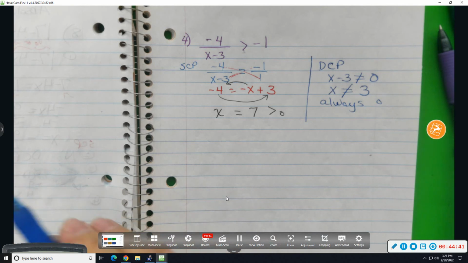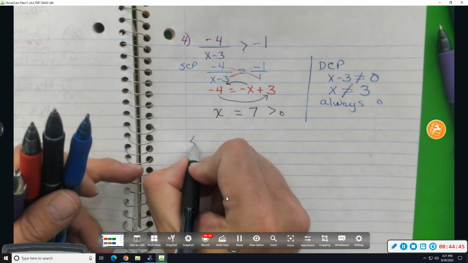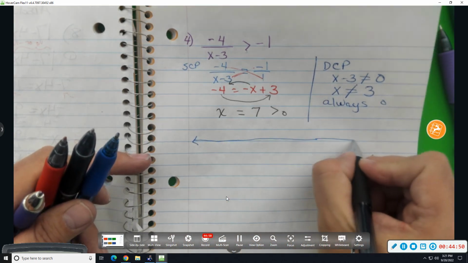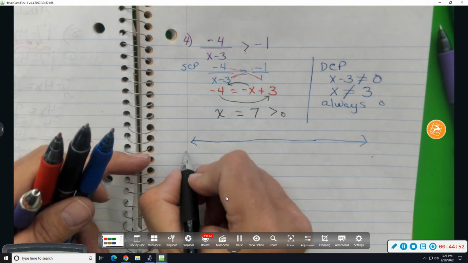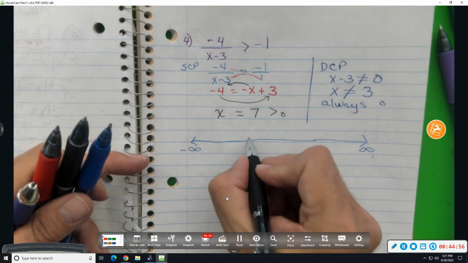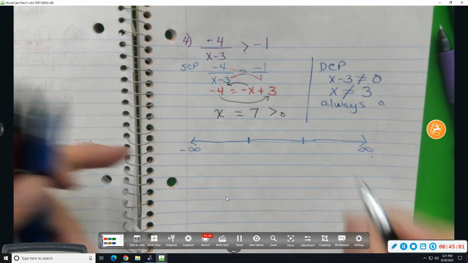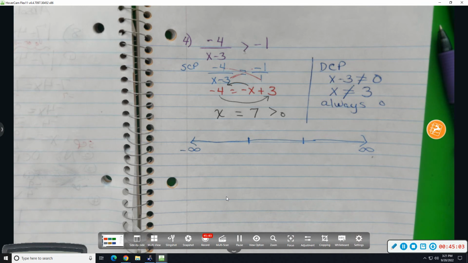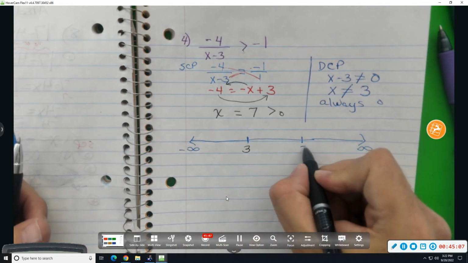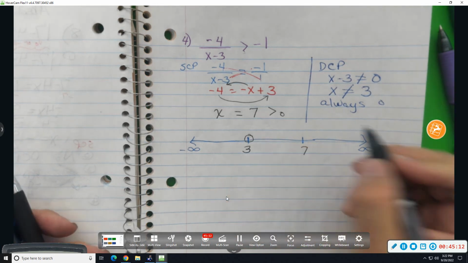Oh, I'm not labeling the steps. So step 1, step 2. Now draw a number line and make sure you label those two numbers in numerical order. Which one goes closer to negative infinity? Yeah, 3 is closer to negative infinity. 7 is closer to positive. Both of those had open circles.